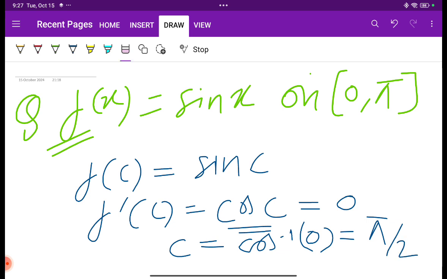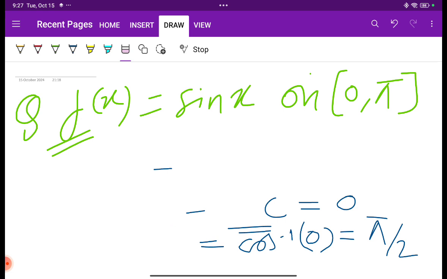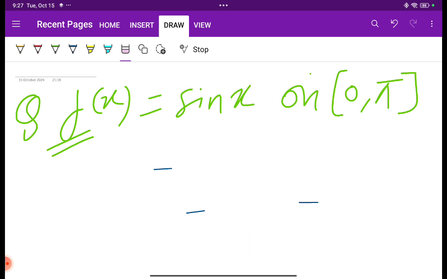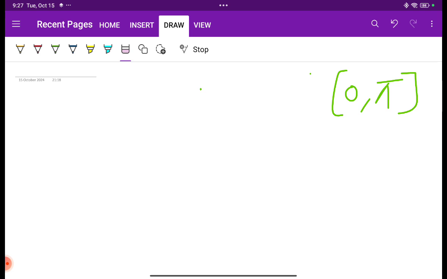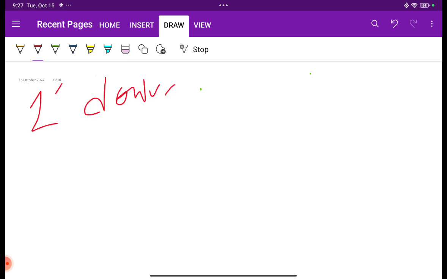So this is the mean value theorem. Now we will understand the derivative tests. There are two derivative tests: the first derivative test and the second derivative test.